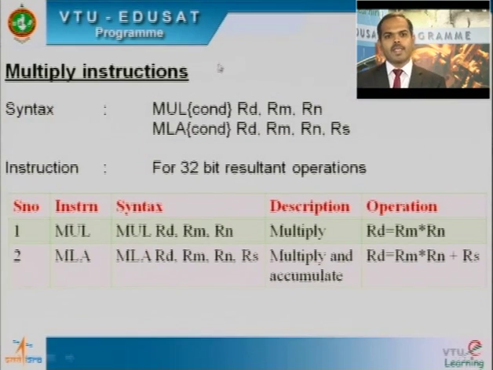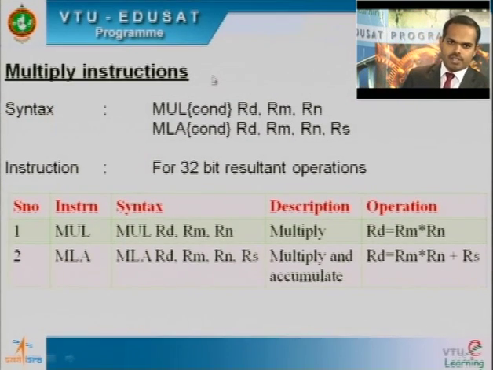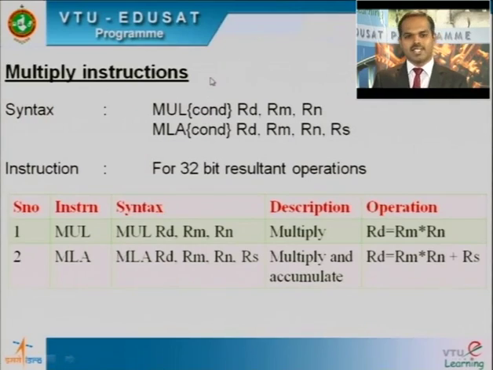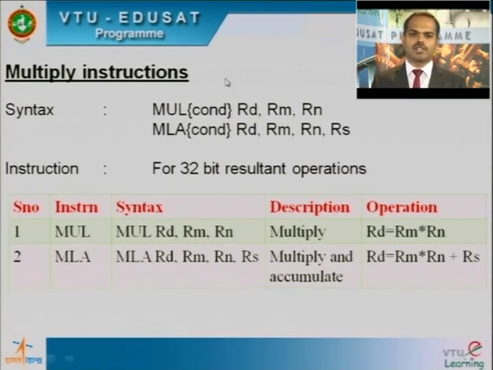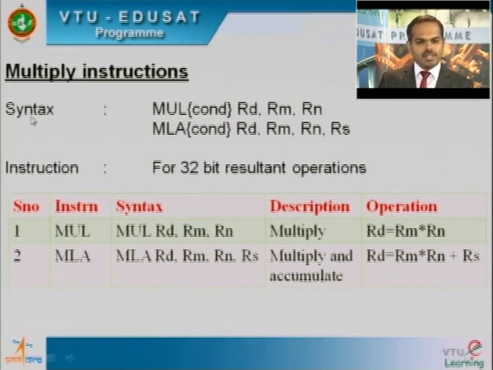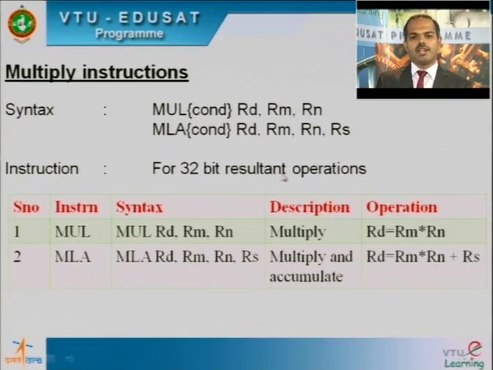Next, there are different instructions in multiply. There are six instructions in total. We will discuss a couple of instructions first, and then another couple, and then the other two. This first pair is for a 32-bit resultant operation. Before going to the multiply instruction, let me make a very clear point here.